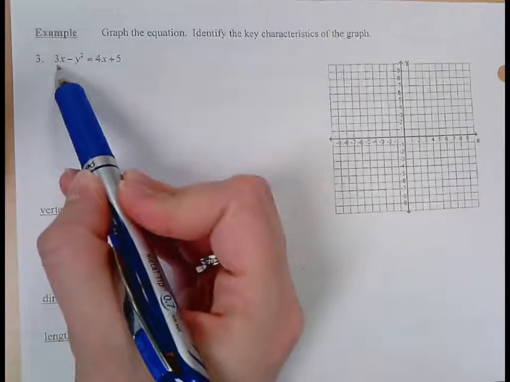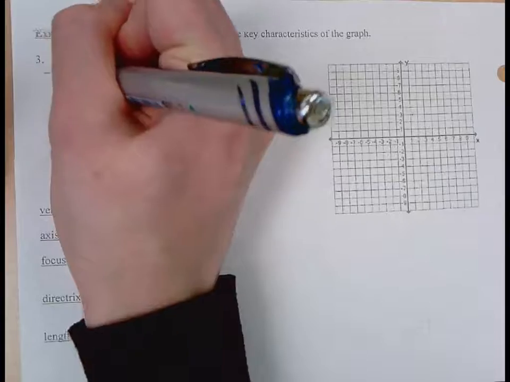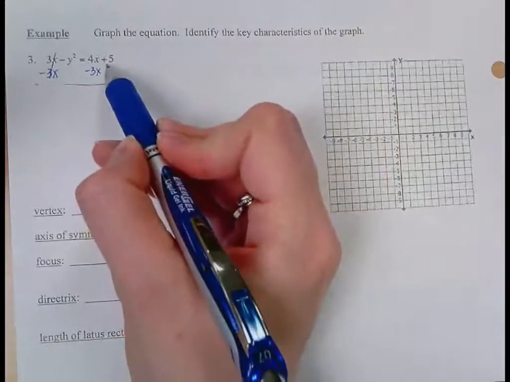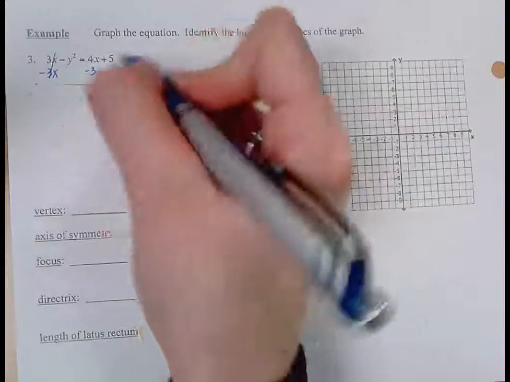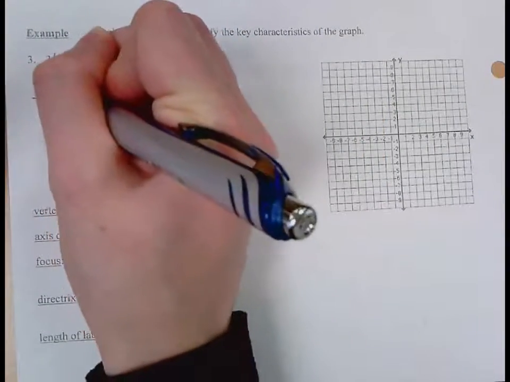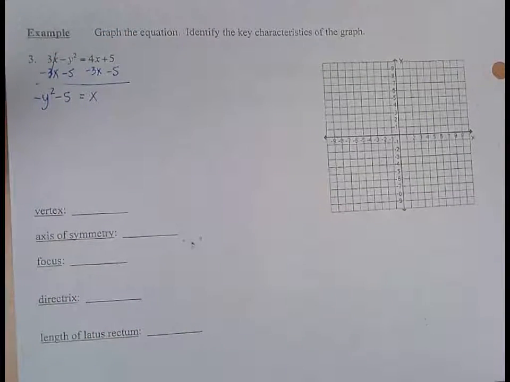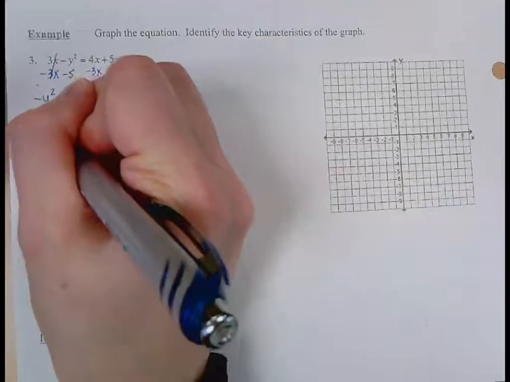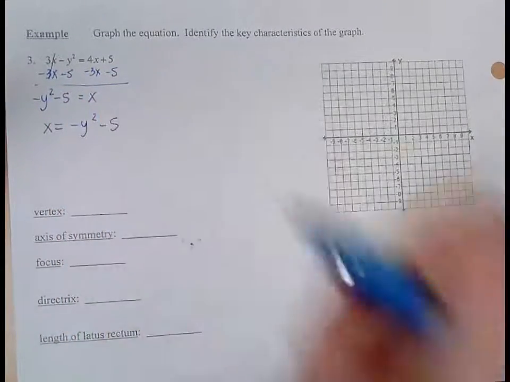I am going to keep the x positive, I'm going to subtract 3x from each side. But that means I'm going to have an x still on the right side, so I'm also going to want to subtract 5 from each side. So I would have negative y squared and then minus 5 on the other side. And I'm just going to flip this around. So I have x equals negative y squared minus 5.